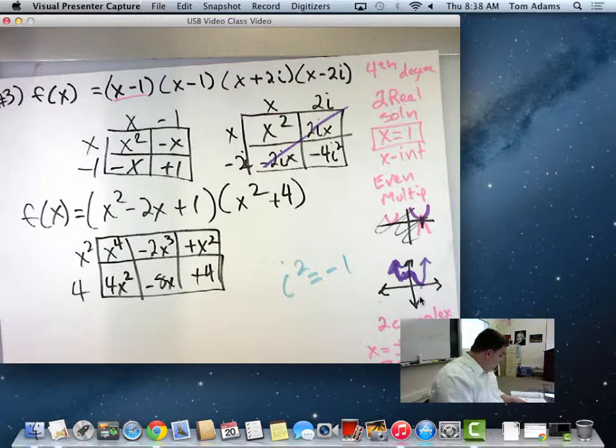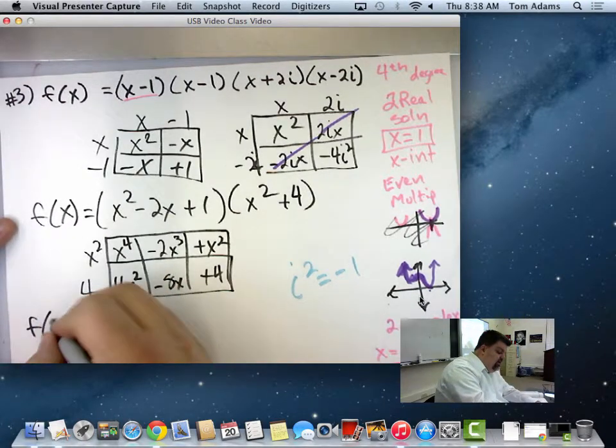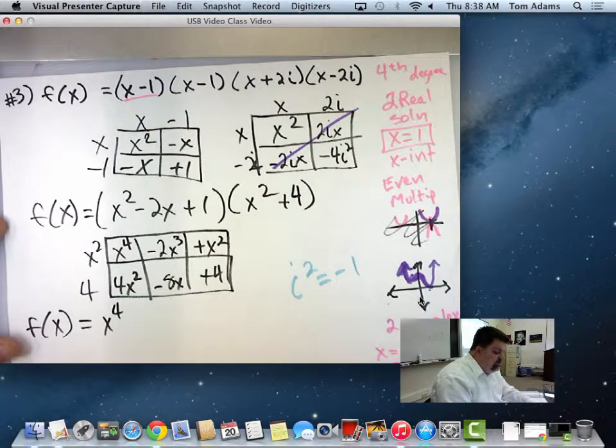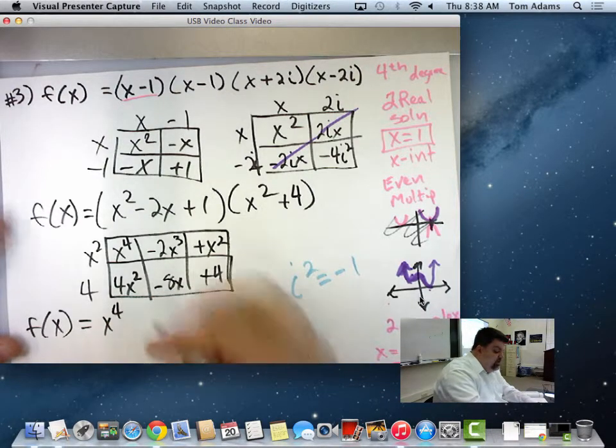Double check that. I don't have my solution, so will somebody do me a favor and just double check in the back of the book, make sure Mr. Adams didn't make a math error. So I have x to the 4th, is that correct? What's the next term?